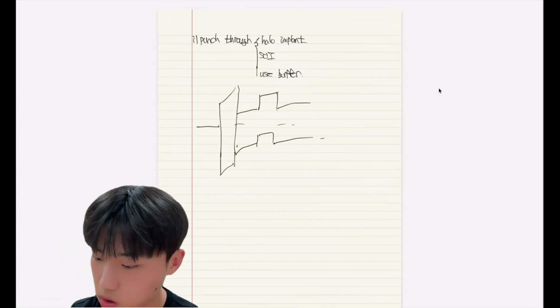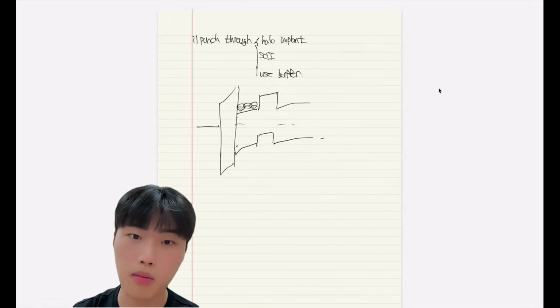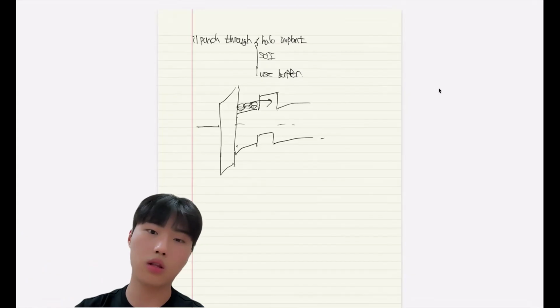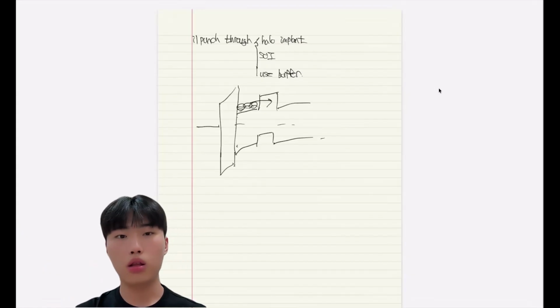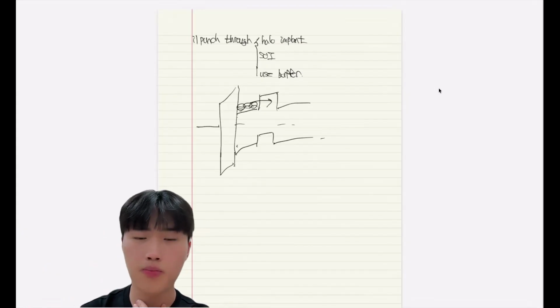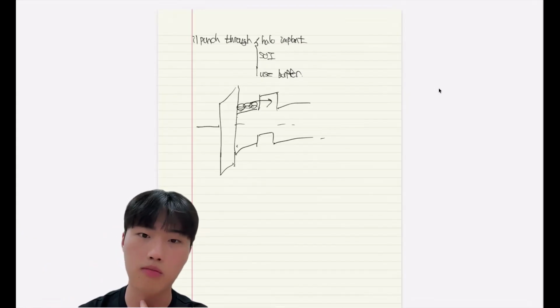The electrons are here, but they can go out to the body side, so we can prevent some punch-through. But there are some problems. First of all, it is expensive too, like using an SOI substrate.